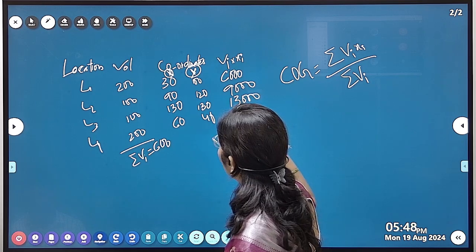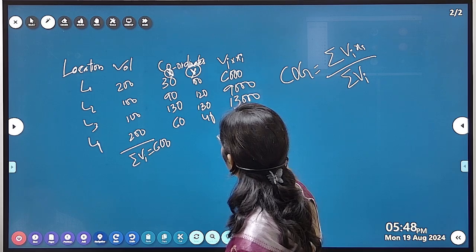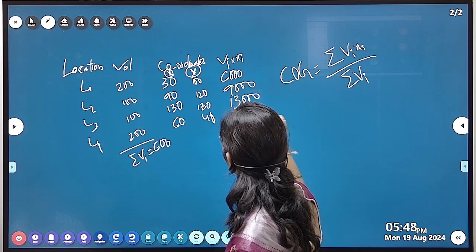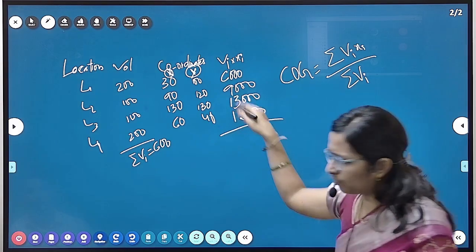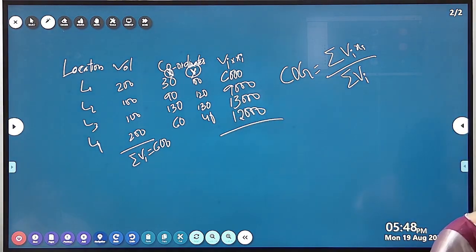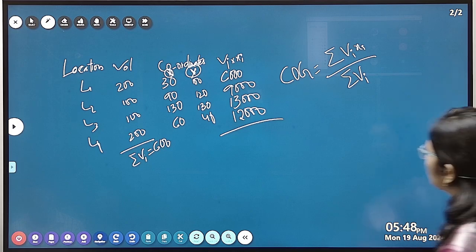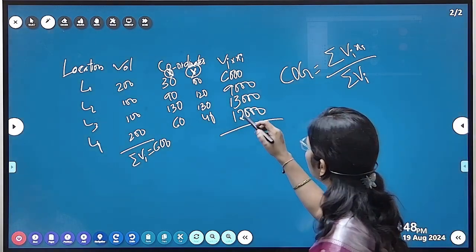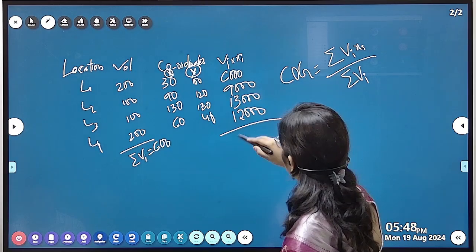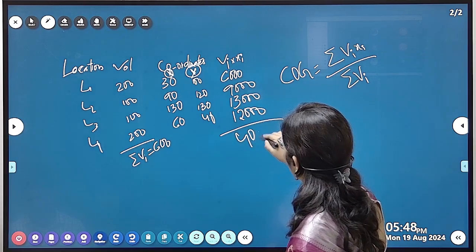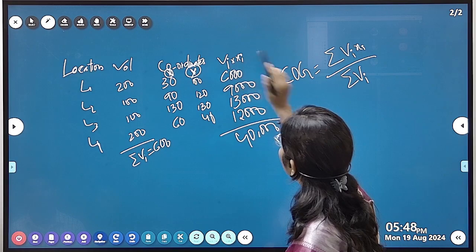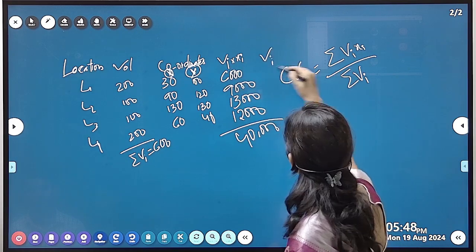Next 200 into 60. What is the sum? What's the sum? 40,000. This is the sum of Vi into Xi. So next one, this is the X part.